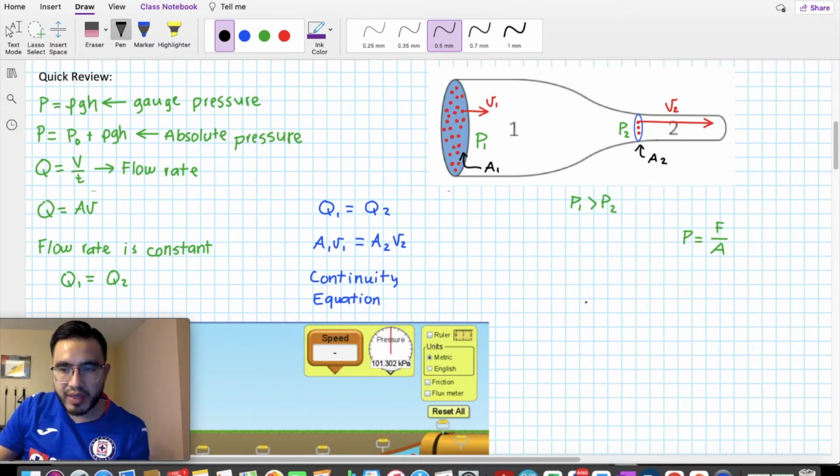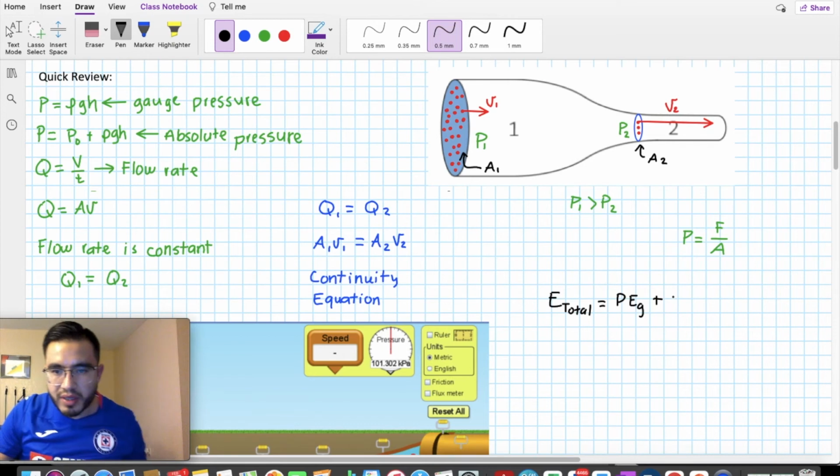That in a system, the total energy equals potential energy. Let's just say gravitational for the sake of argument. Let's say we don't have a spring, plus the kinetic energy of the system, right? And within the system, this is always going to be constant, right? Constant.